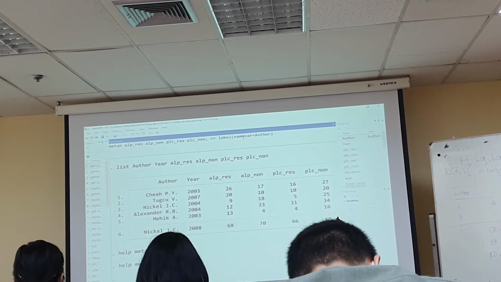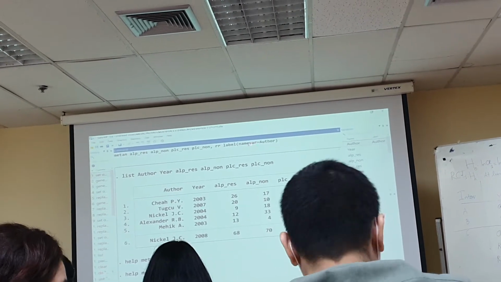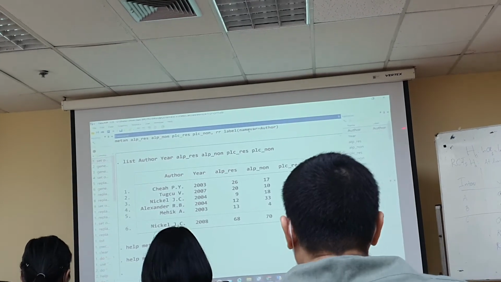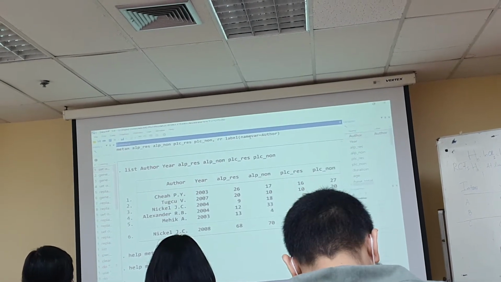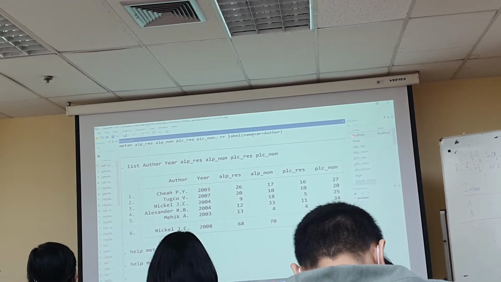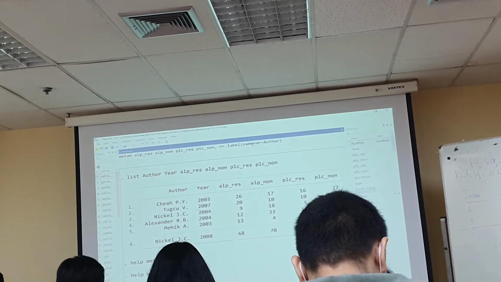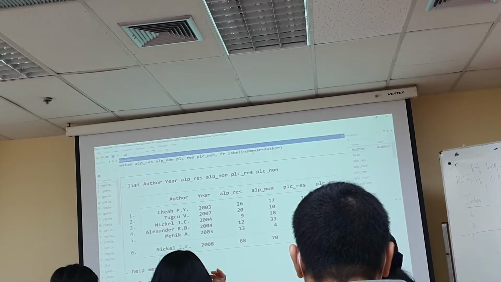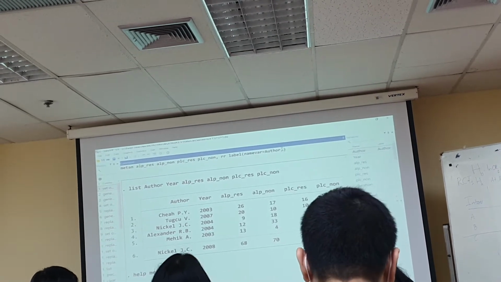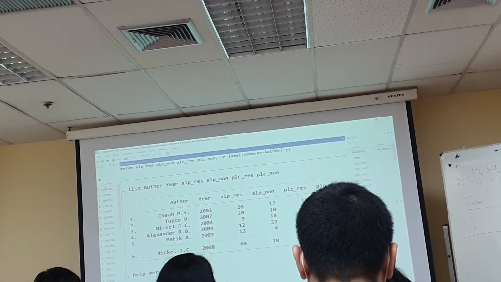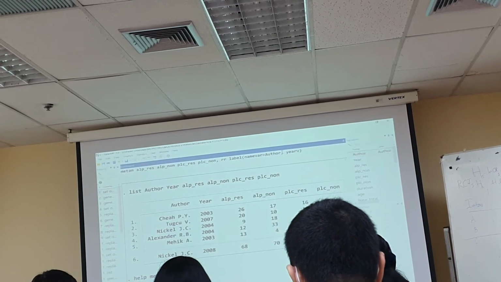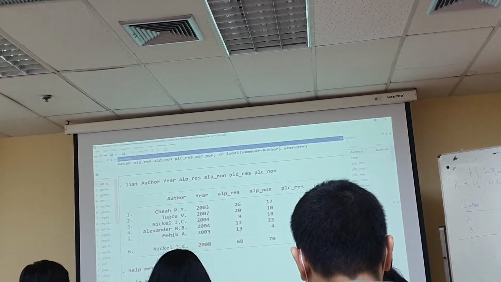So we want to label with the author variable here, right? If you want to add year as well, you add another command in this bracket, year 1 equal year.